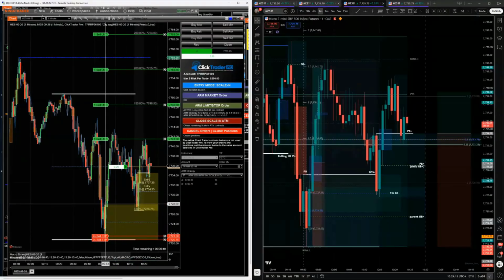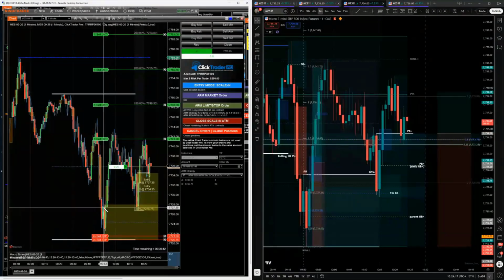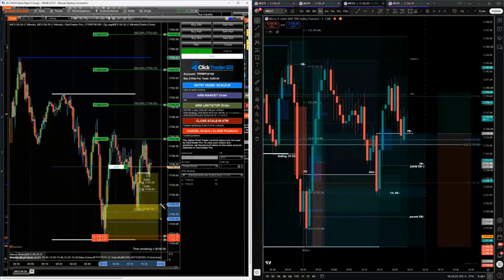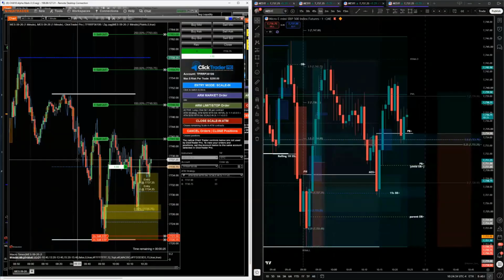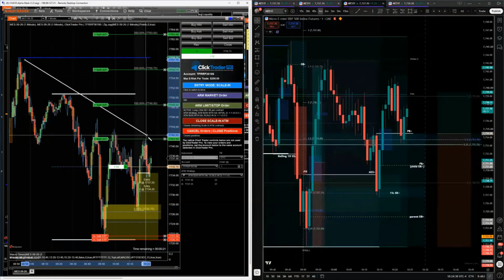And you also have a breaker on the smaller time frame right in here. Pretty much right through here. So if this is a true market structure shift, then this should hold. And you've got low resistance liquidity run. All of this, right?